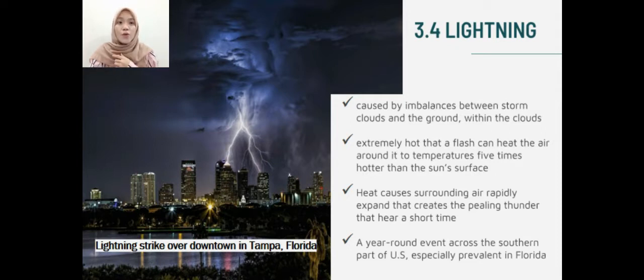After that, it creates a pealing thunder that you can hear in a short time. The picture shows a lightning strike over downtown, taken in Tampa, Florida, because Florida is the most affected area for lightning.